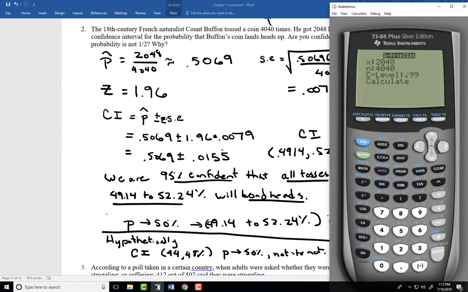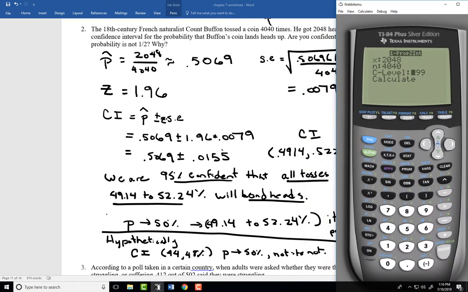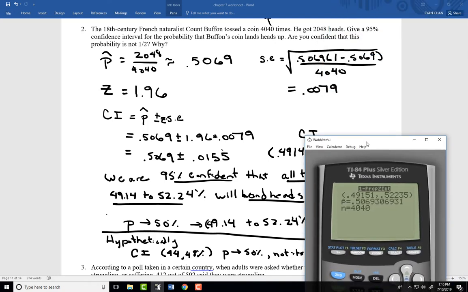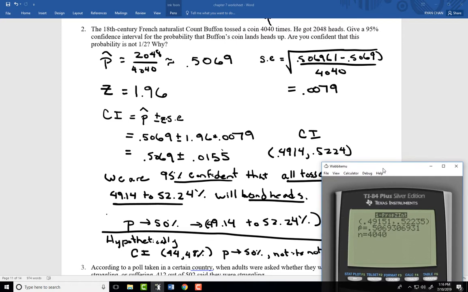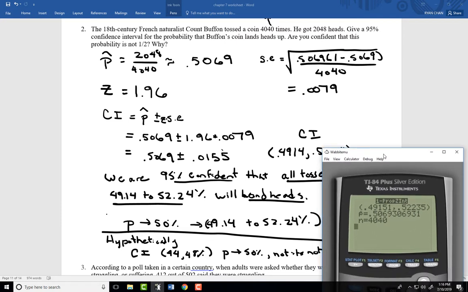My confidence level in this case is 0.95. Hit enter, and that's what you have here. If we compare it, notice it's relatively close. It's a tiny bit off just because your calculator is a little bit more exact.